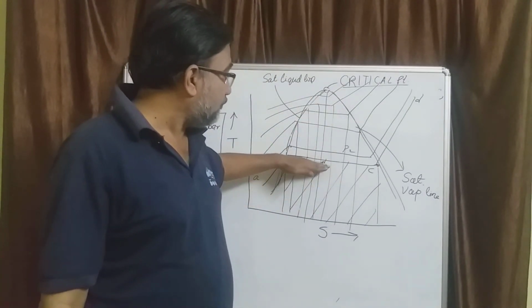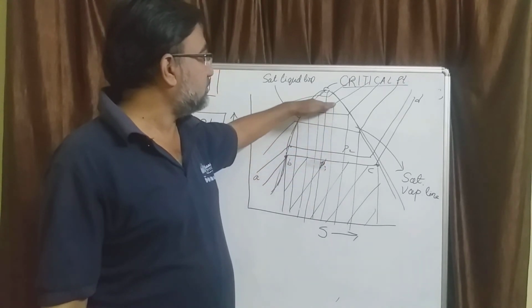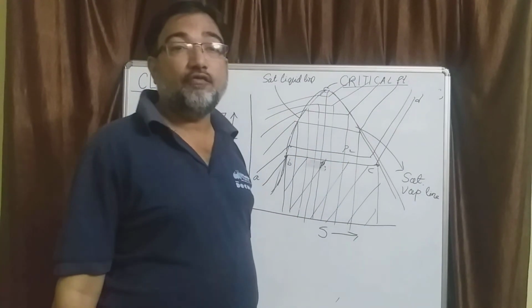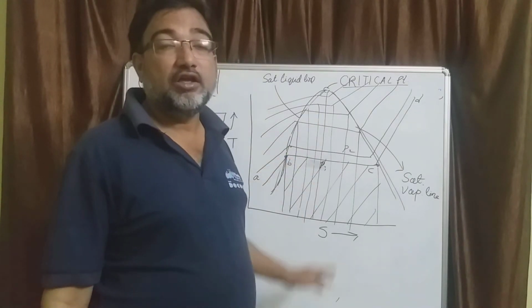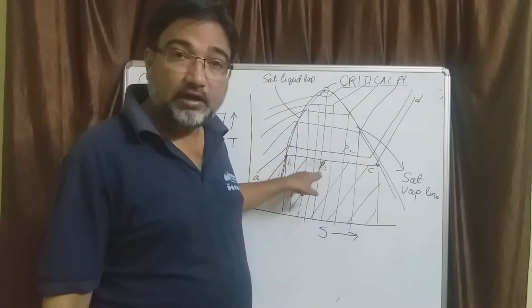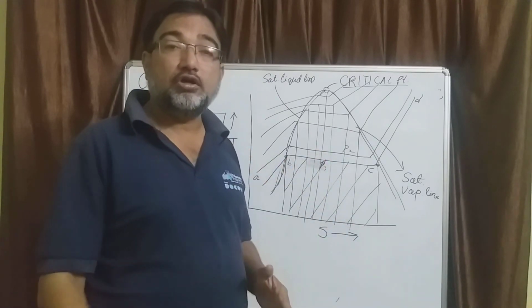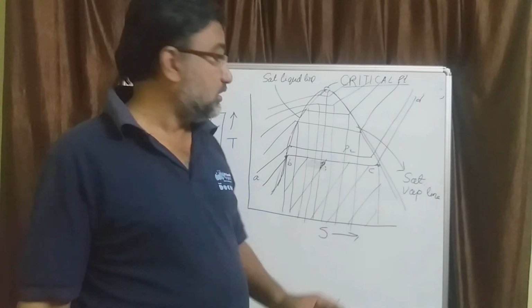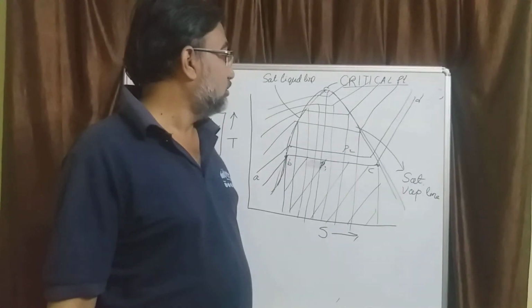And when we start from this 1 bar, 2 bar, 3 bar, 60 bar, 70 bar, 100 bar, like that, as we go on increasing the pressure, then we will find that not only the boiling point of water increases, but the latent heat of vaporization or the heat required to convert water to vapor is also decreasing as the pressure is increasing, and finally it is becoming 0.